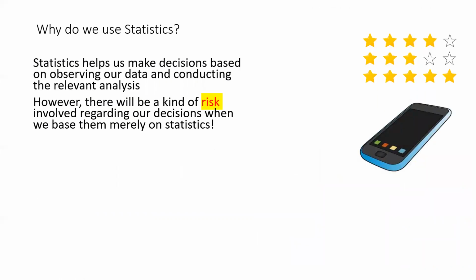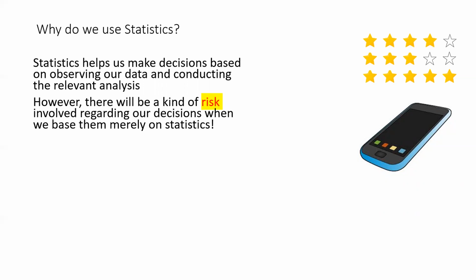So, for example, statistics help us make decisions based on observing our data and conducting the relevant analysis. For example, you go to a shop and you see a phone and you like it. You decide to look at the rating of other people on this phone. So you see that most people have given a rating of 4 or 5 stars.